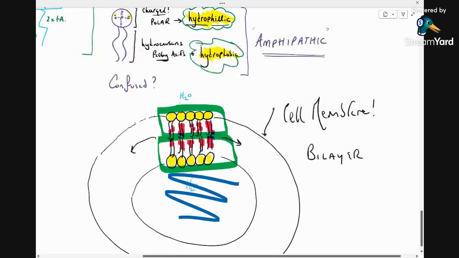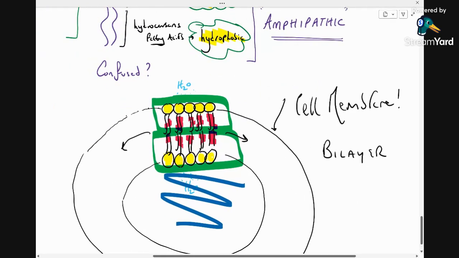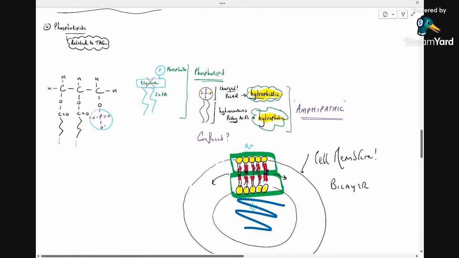And this structure is called a phospholipid bilayer. The phosphate heads are hydrophilic, and the center of the majority of the bilayer is hydrophobic. And that's an important point that I'm going to come on to next.